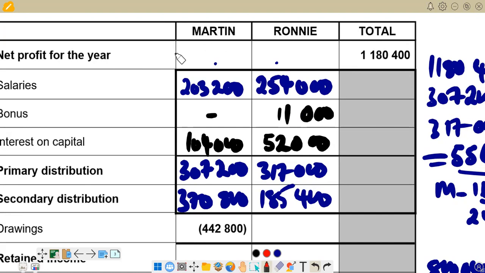You get 678,000. Then here again, 817,000 plus 185,400, you get 502,400. So we go down. If you add 678,000 plus 502,400, we are supposed to get 1,180,400. This shows that you've done your calculations correctly.